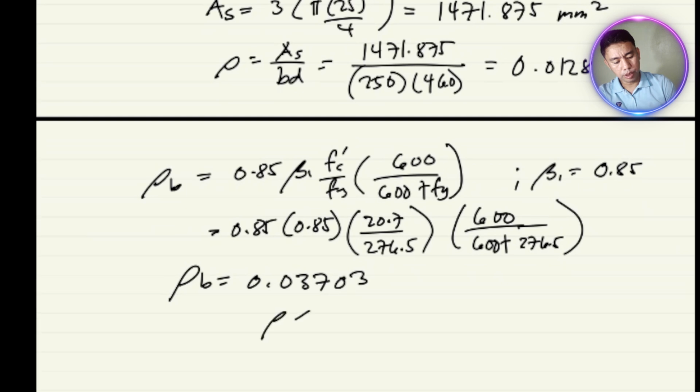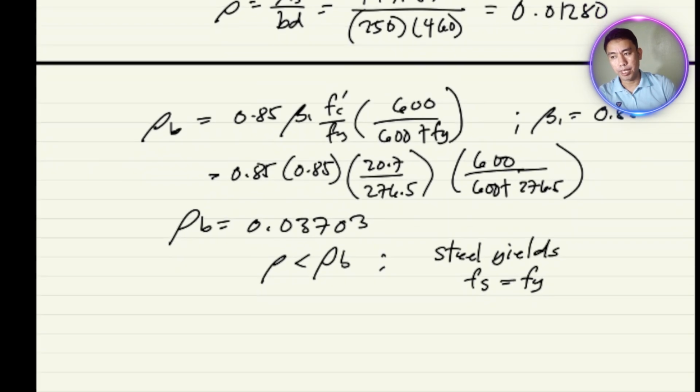Okay, so let's compare rho to rho balance. That means rho is less than rho balance. What does it mean? If less than rho balance, meaning steel still yields, and that is Fs is equal to Fy.